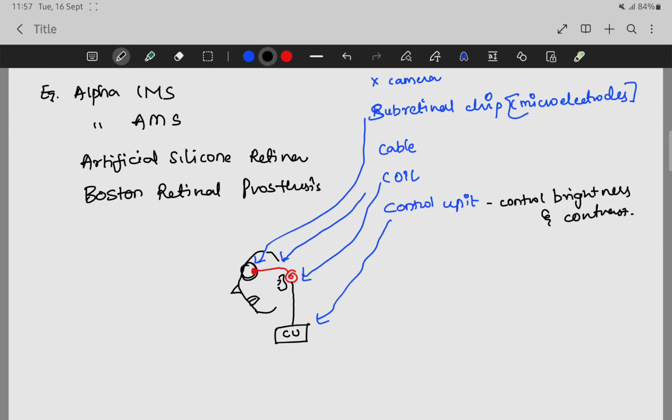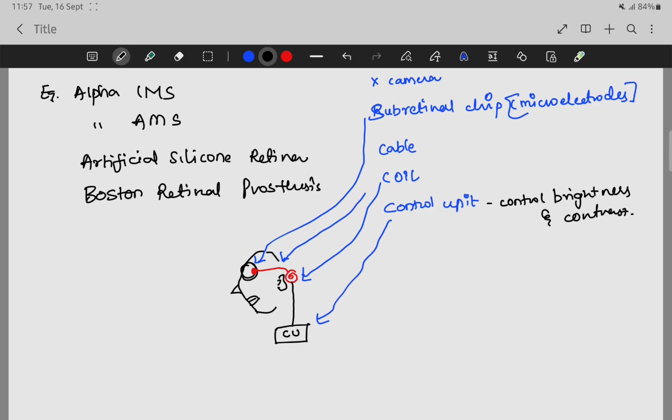Then coming to artificial silicone retina, it replaces the functionality of defective photoreceptors. Here there was very good visual restoration. So there is no need of camera and no need of head scanning, and the chip is embedded exactly where the photoreceptors are, right?